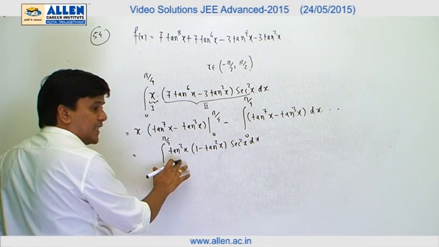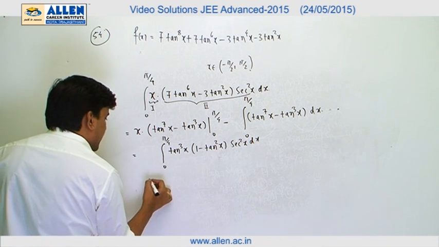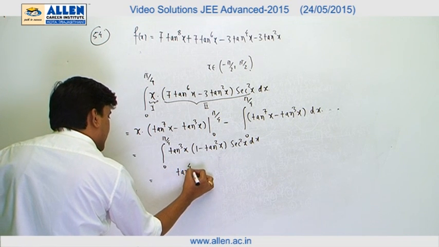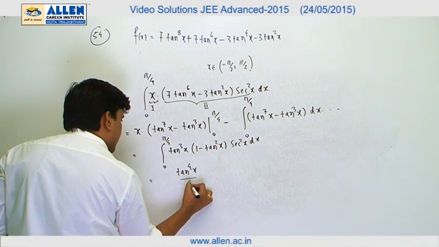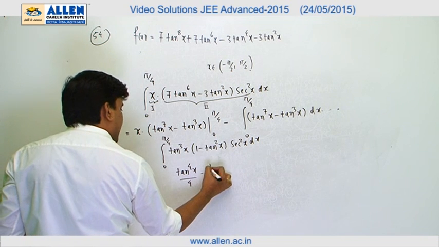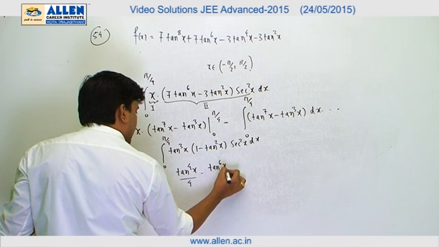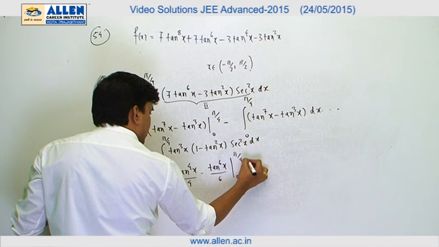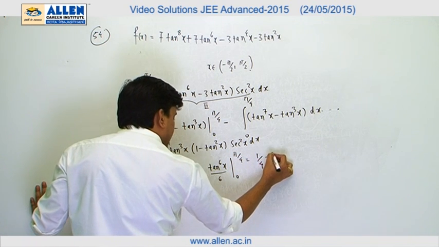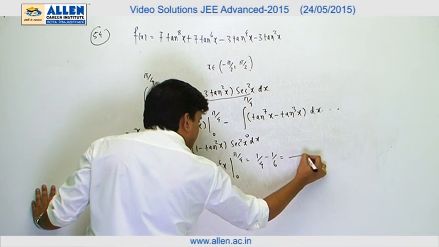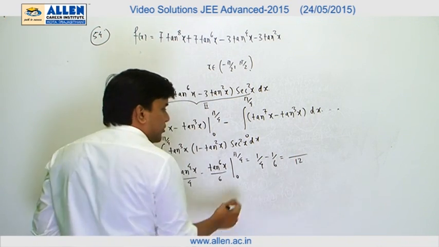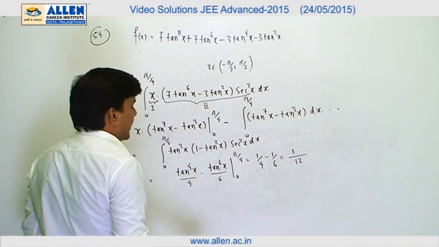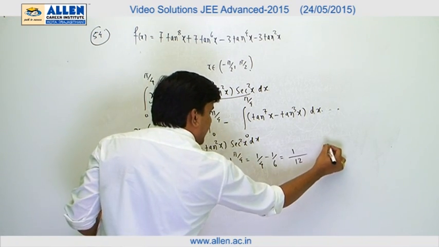And if we put tan x equals t, this is going to be tan raised to the power 4x upon 4 minus tan raised to the power 6x upon 6 from 0 to pi/4. So this is going to be 1/4 minus 1/6. We can see LCM is 12, and this is going to be 3 minus 2, that is 1, which is correct in A option. So A option will be correct.